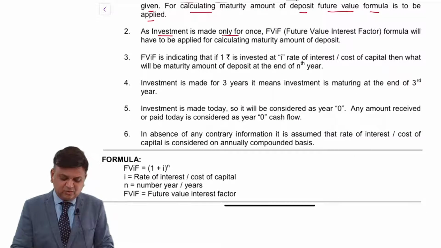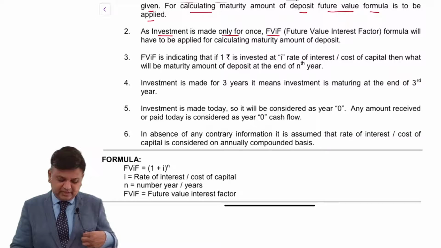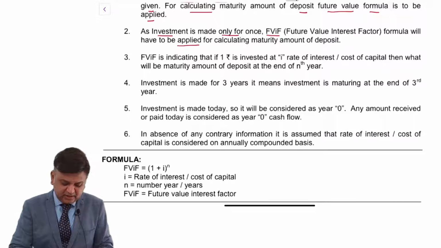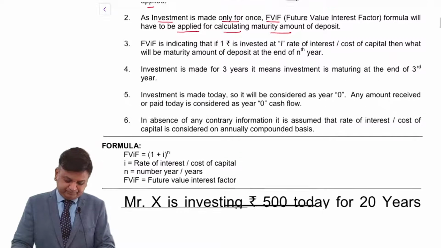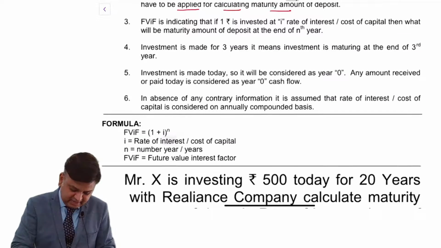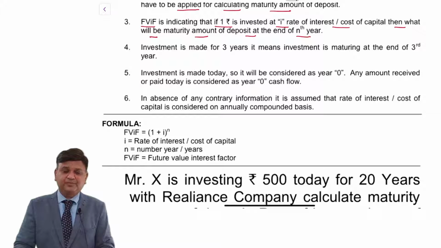As investment is made only once, the FVIF, future value interest factor formula, will have to be applied for calculating maturity amount of deposit. FVIF indicates that if 1 rupee is invested at I rate of interest or cost of capital, then what will be the maturity amount of deposit at the end of nth year? That is the third year in the example that we did.